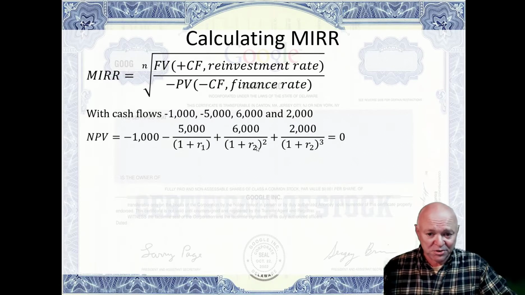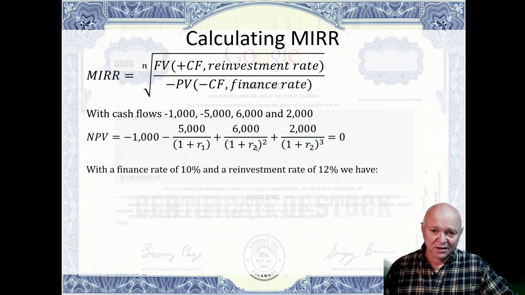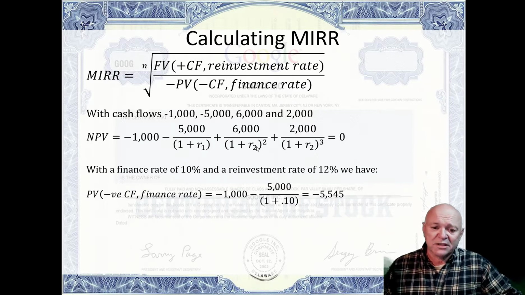We have two unknowns. It's going to be difficult to solve this without doing some extra steps. If we assume that we have a finance rate of 10% and a reinvestment rate of 12%, we can solve this in essentially three stages.